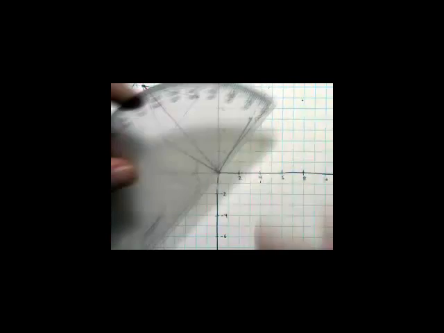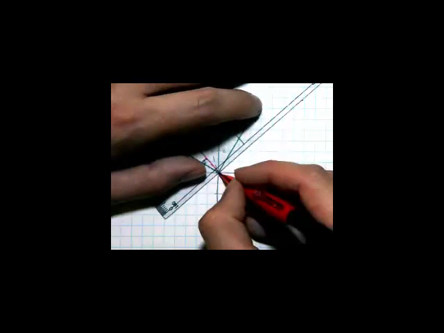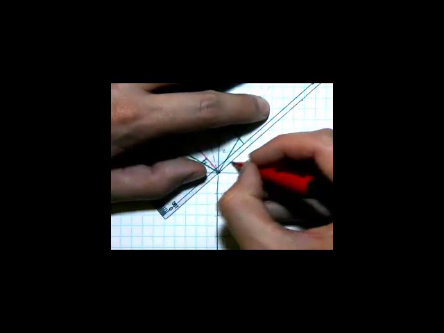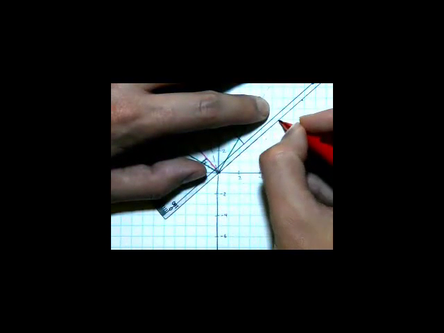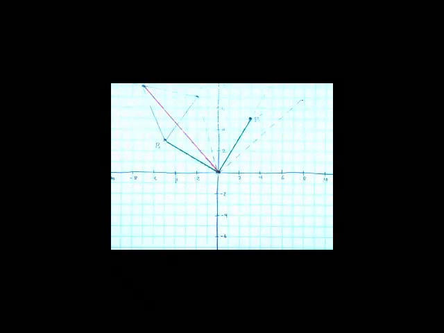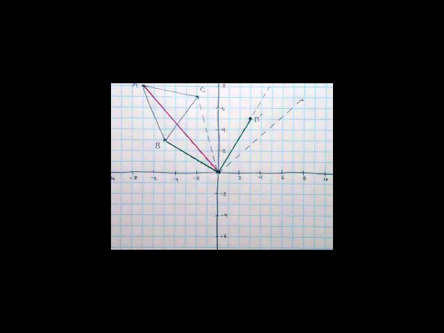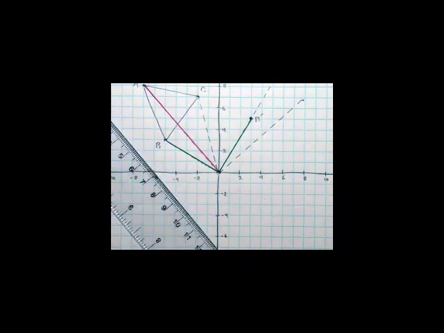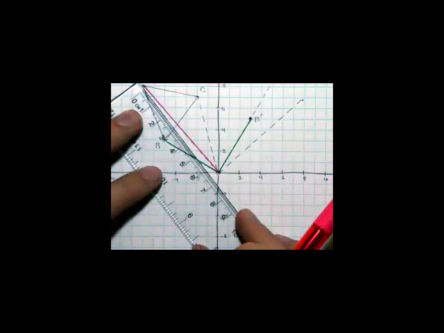Okay. So now I'm going to get a new dotted line coming up this way for that one. But again, I want to make sure that the length of that segment, the original pink segment I started with, has to be the same length when I rotate it so that point A is still the same distance away from the origin. So I'm going to go centimeters again here. Let's see what we got.